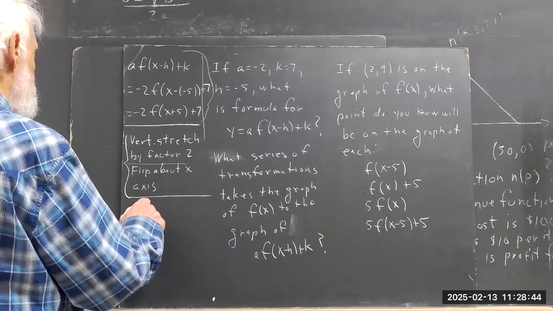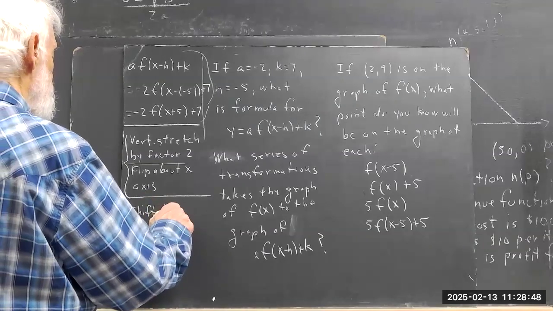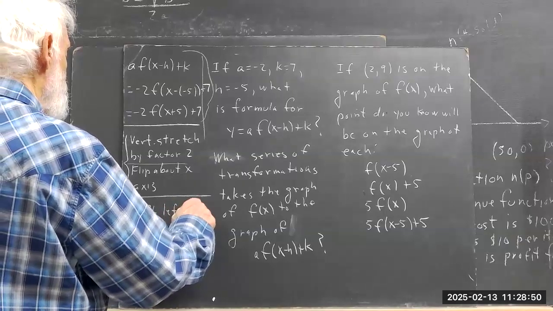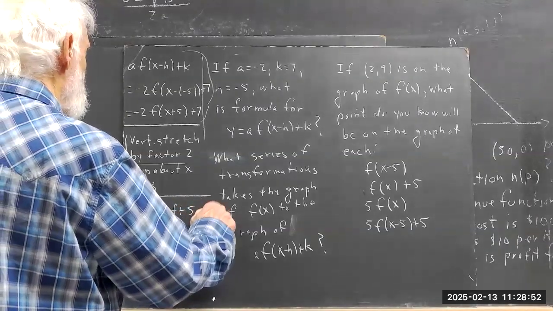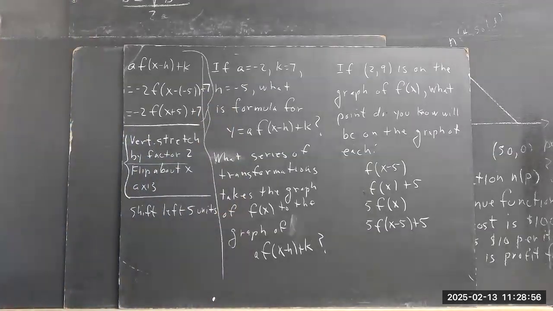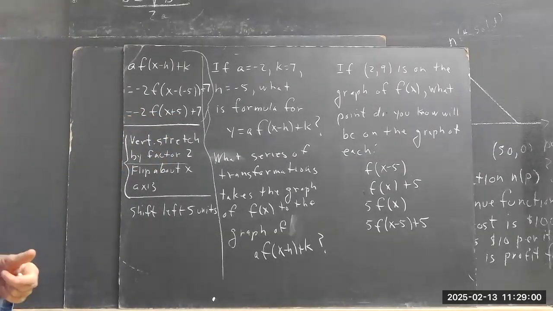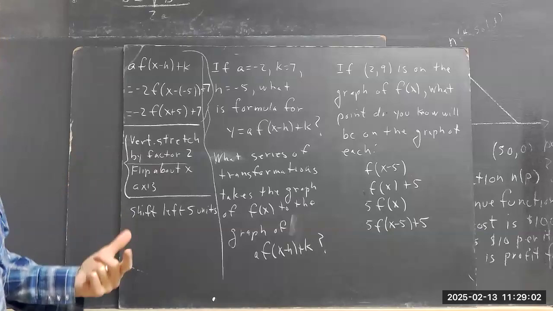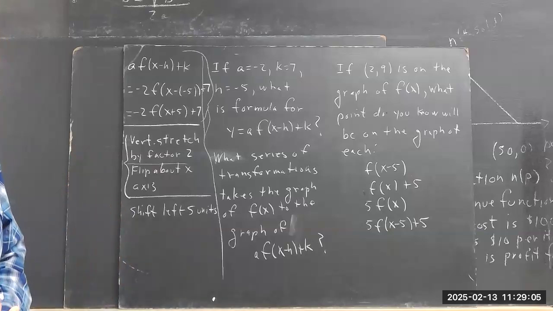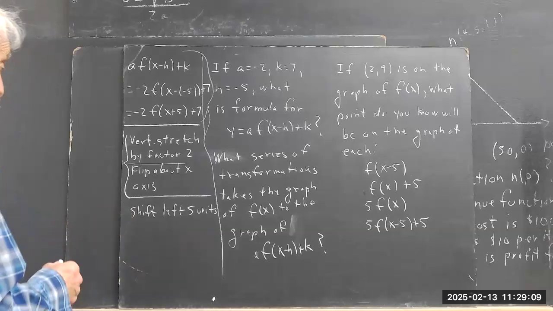Then it's a shift left 5 units because x has been replaced by x plus 5. Some people are getting the sign of that correct. Okay. Another thing that makes me think that y'all are doing pretty well. Okay.